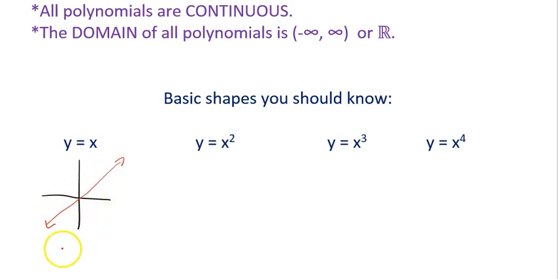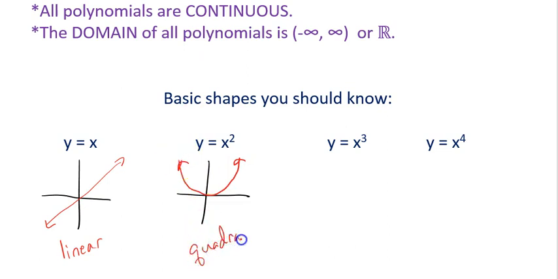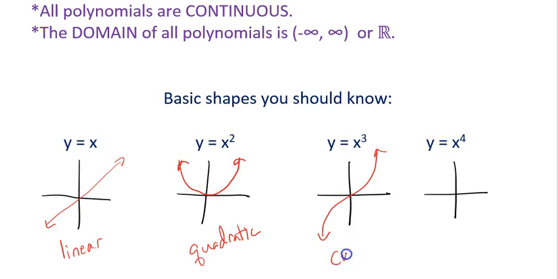Just your perfect diagonal, but that's your basic linear shape. y equals x squared, we should be familiar with, is our parabola, and that is your basic quadratic shape. And then I'll come over here to these higher powers, which you may or may not know. The x cubed graph is something like this, and that is considered cubic.